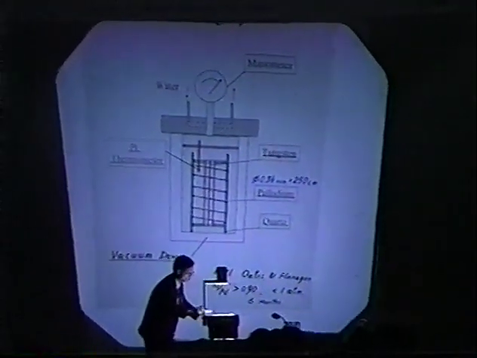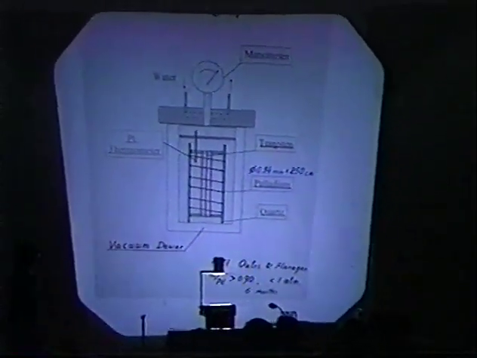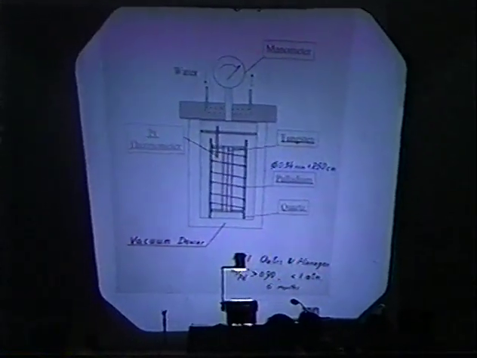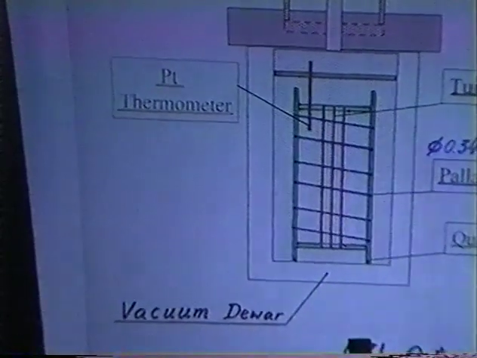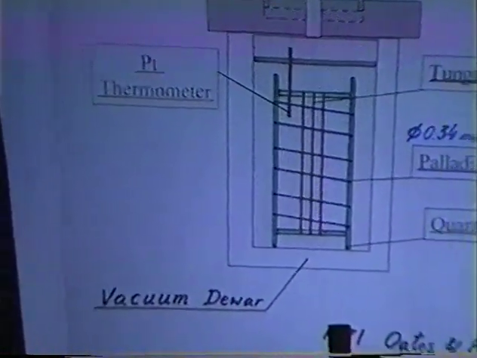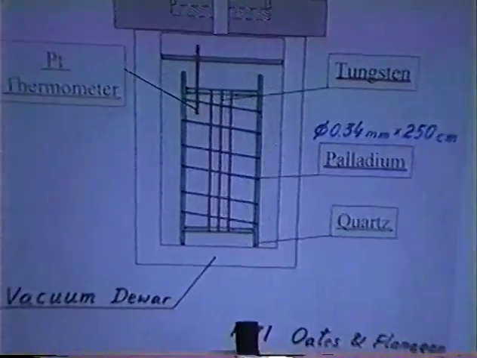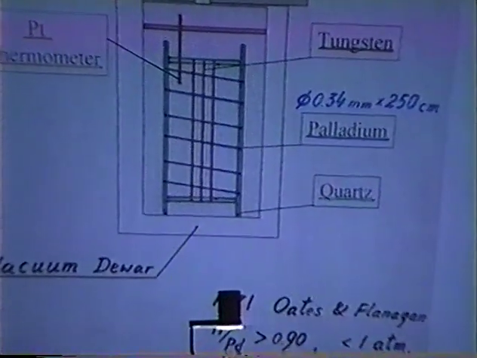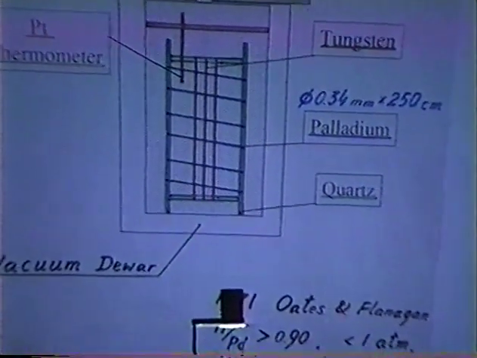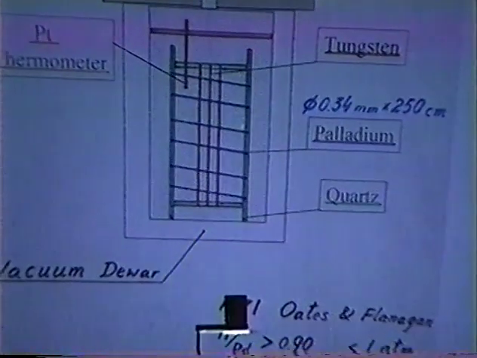Right now, I have only one platinum thermometer in it. I just measure the resistance of this platinum wire. It's about 100 ohms. I'm using the Keithley digital multimeter from the United States, so it gives me a very accurate number.